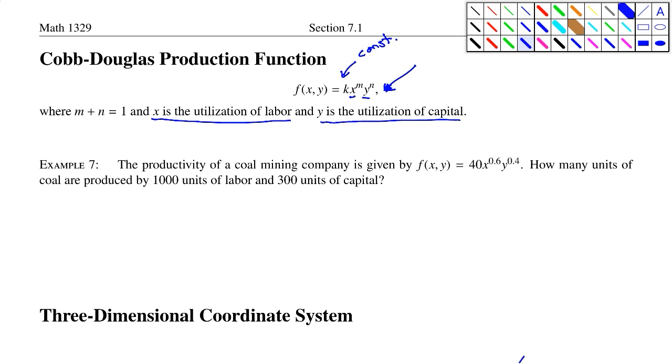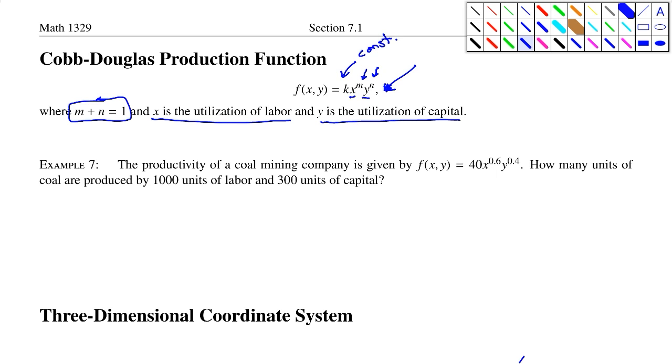And the thing that makes the Cobb-Douglas function work the way it does is that the two exponents that you use sum up to 1. So basically you think about m and n as being sort of a percentage of the way that you are utilizing your labor and your capital in your business plan, your production function.